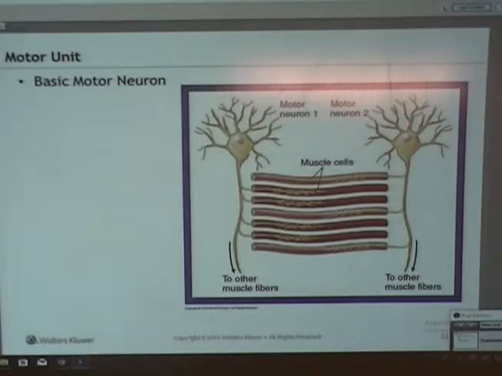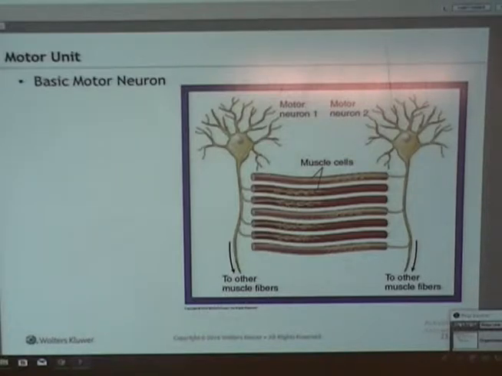And our fast fatigable is our type 2X fiber, or it could be type 2As if the type 2Xs have undergone some change with training to type 2As. Right, so we talked about that adaptation earlier in the week and last week.